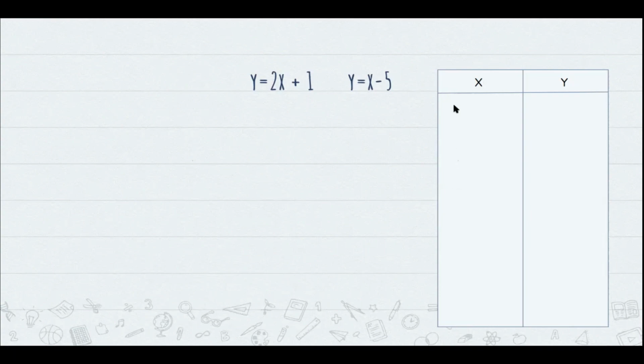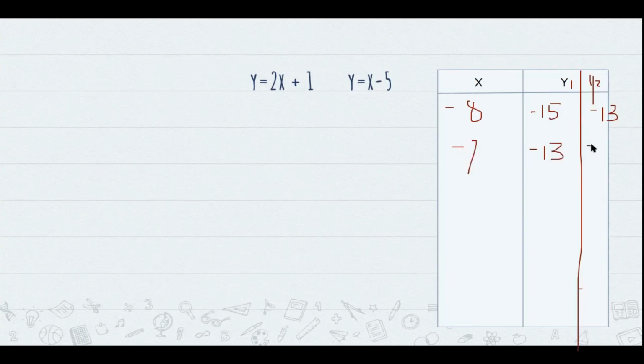It's over here. So for x equals negative 8, y1 would be negative 15. y2 will be negative 13. For x equal to negative 7, y1 will be negative 13, y2 will be negative 12.